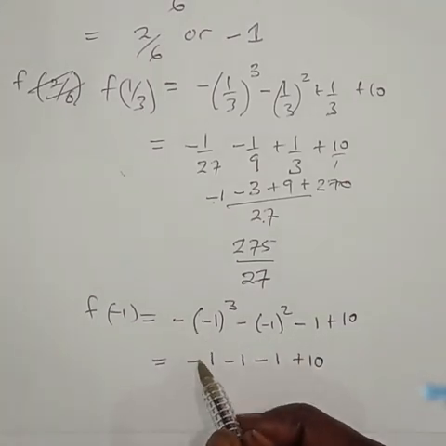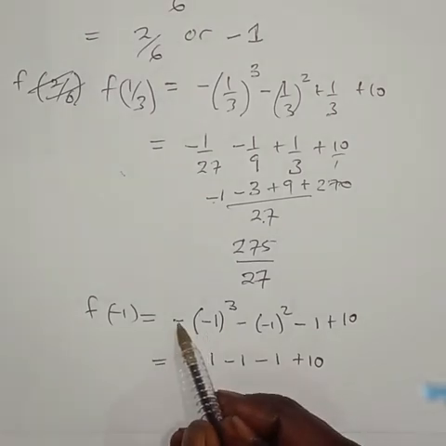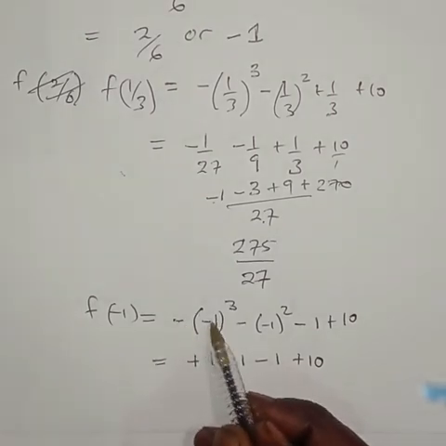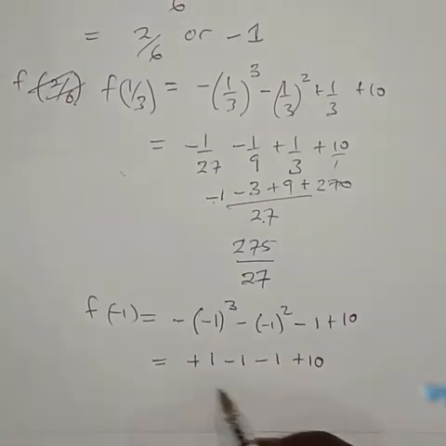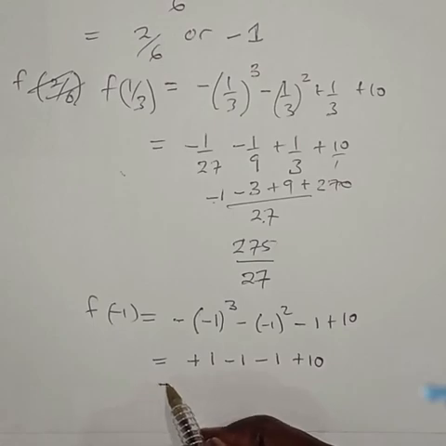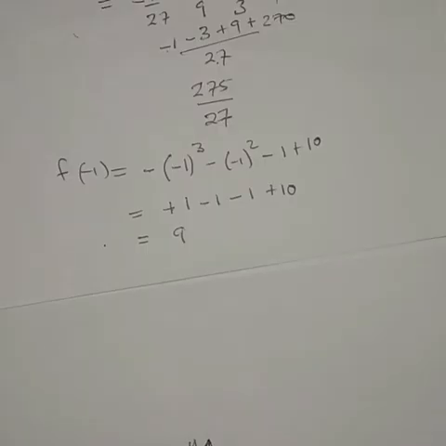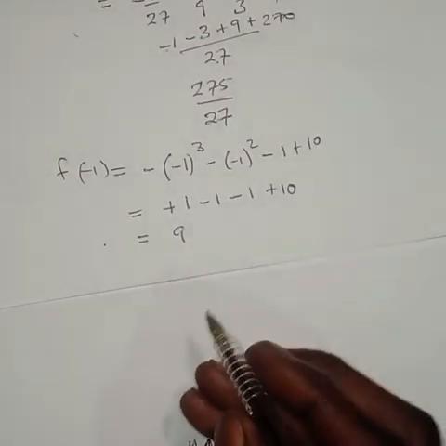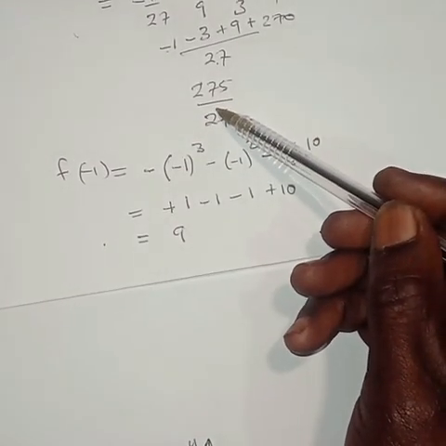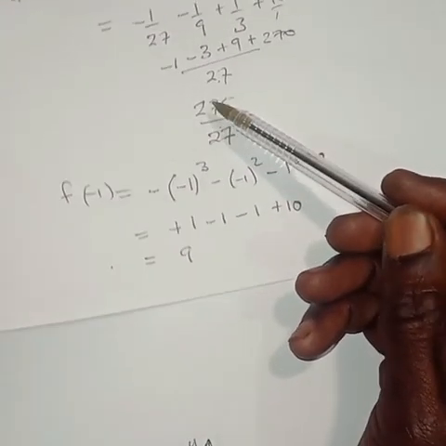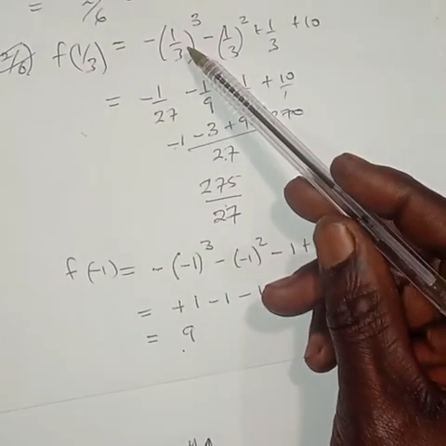This is a positive there, okay? So minus times a minus, we're going to get a positive. So I'm going to have plus 1 minus 1 is 0, minus 1 plus 10, we get a 9. Now we have the corresponding value of 275 being 1 over 3.